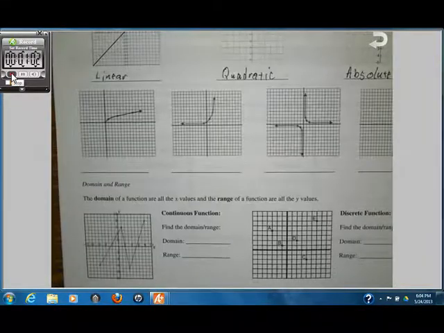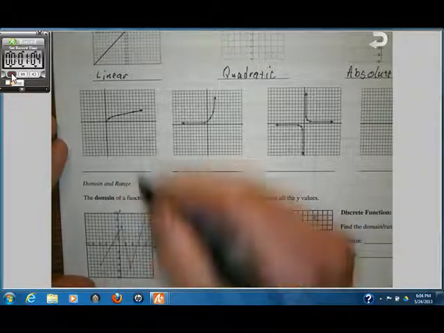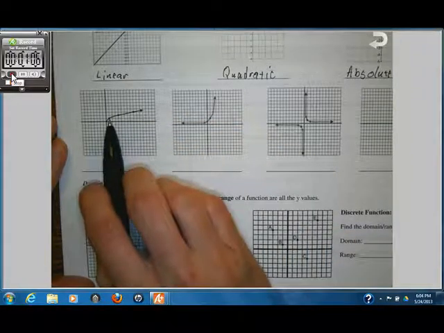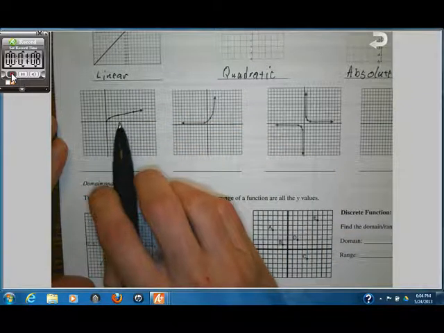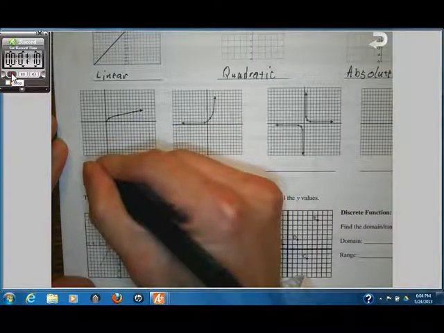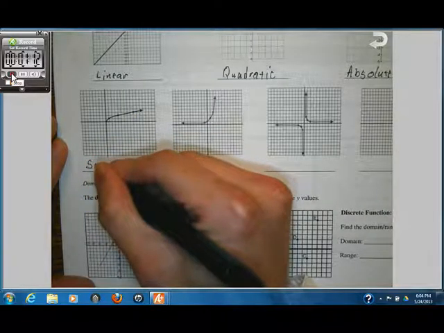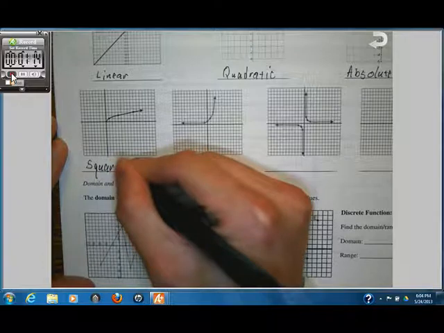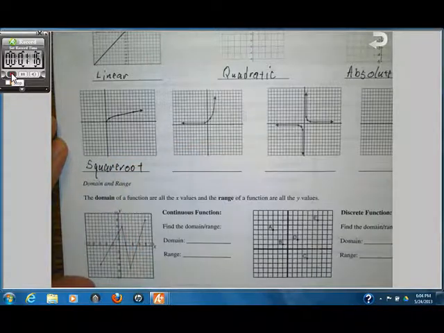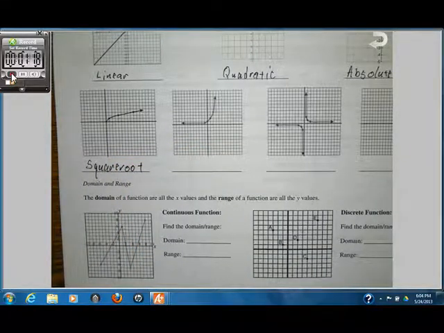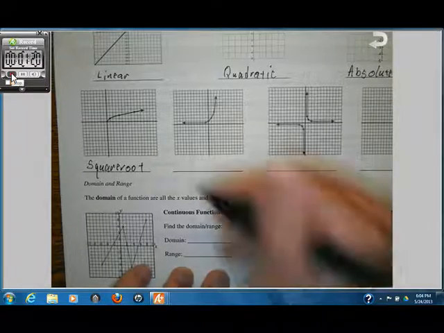The third one, you can tell it's going from 1, 4 up 2, 3 up 9. This is a square root. This one's slightly less than obvious. This is an exponential.